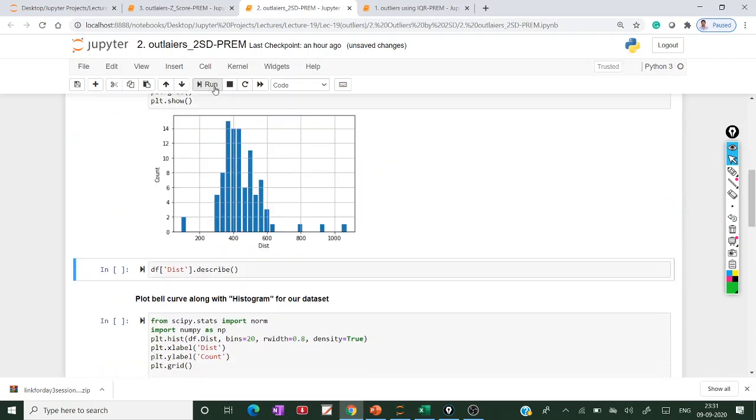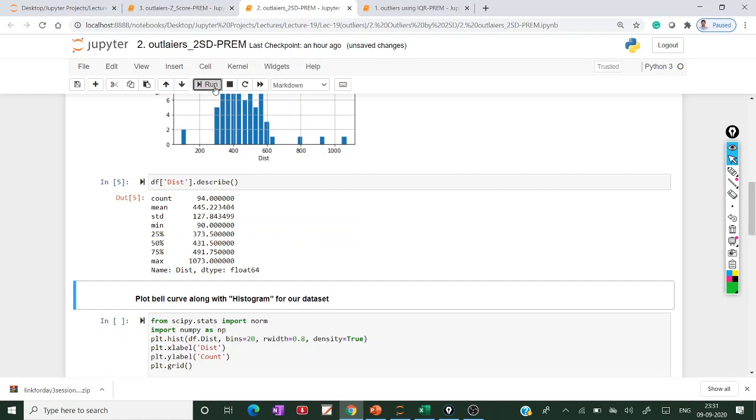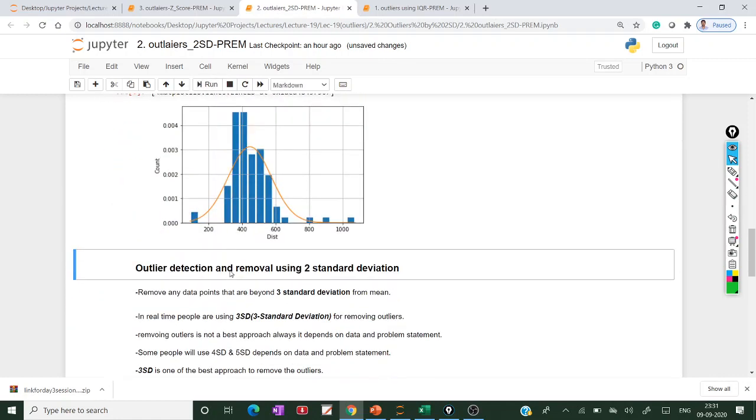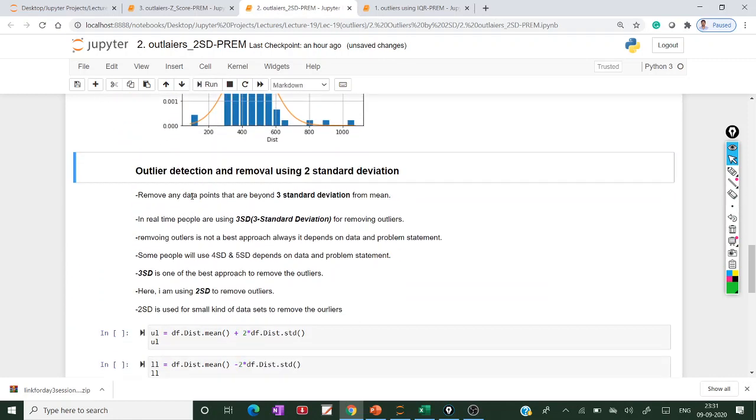This is the histogram we already saw. Here we do outlier detection and removal using two standard deviations. Our data set is very small, that's why we are using the second standard deviation. Anyhow, we will apply 1 SD, 2 SD, and 3 SD, and see the difference and what results we get.